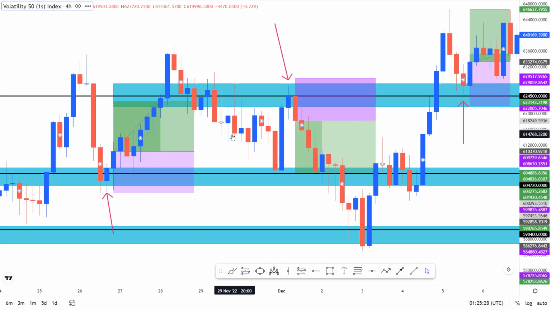That is the best time to make use of these candlestick patterns as trade entry confirmations. You can go over this video a couple of times just to get a grasp of how to make use of the momentum and the rejection candlestick patterns.